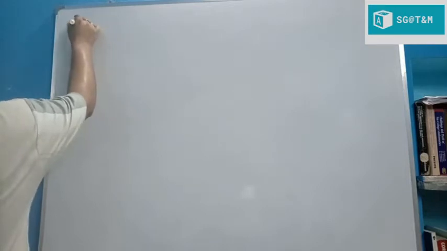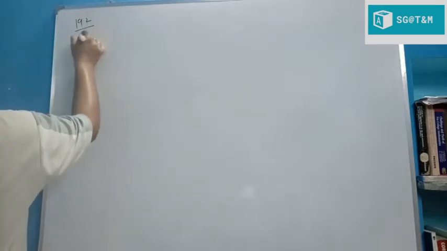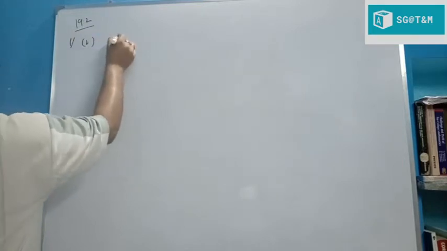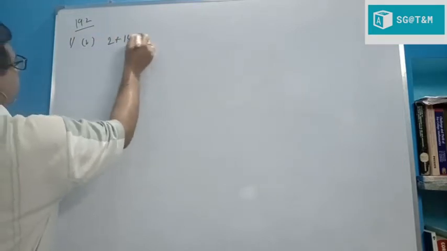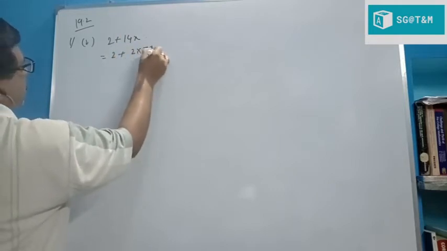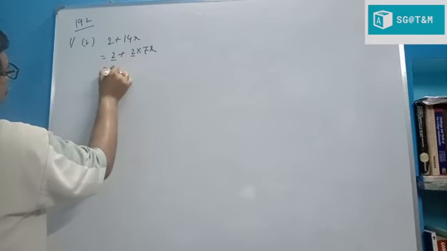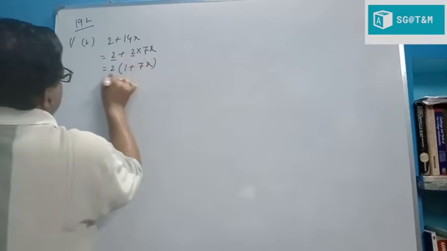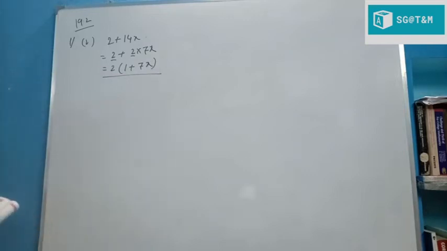Do it ourselves, 19.2. Problem number 1 is 2 + 14x. 2 + 14x means 2 into 7 into x. So 2 is the common term. So 2 is common. We get 2(1 + 7x). This is the factorization.